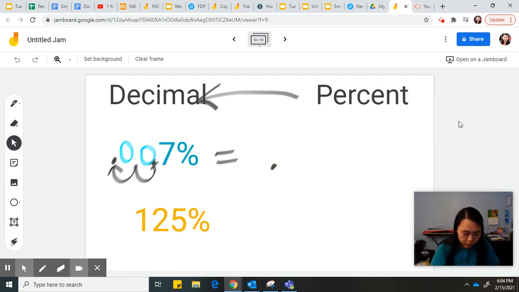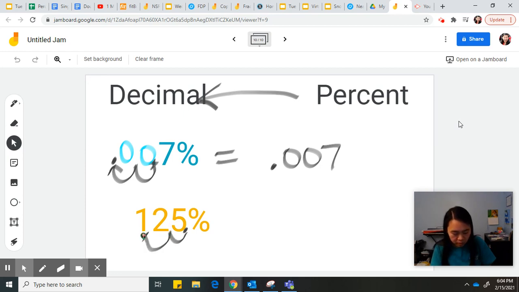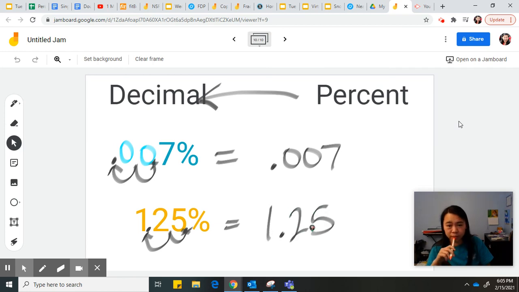Okay, if I have a whole number 125, I don't even see my decimal. Where's my decimal? After the whole number. Which direction am I moving? To the left. How many times? 2 times. 1, 2. Here's my decimal place. 1.25. So 125% is the same thing as 1.25.